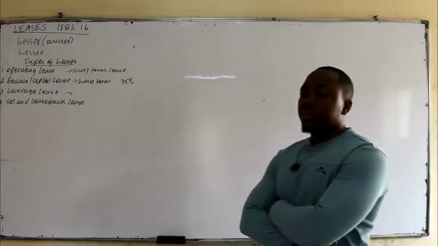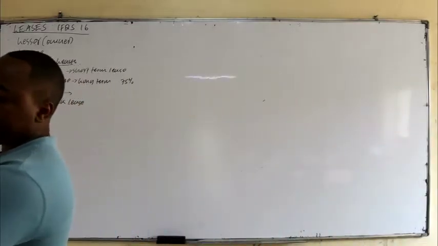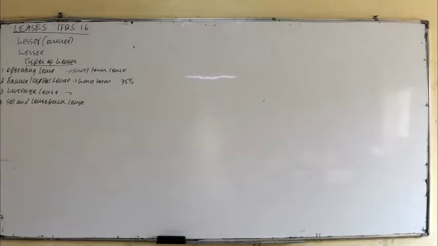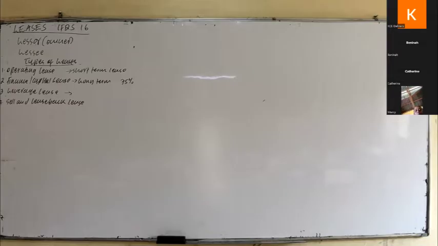These are leases whereby the lessee sells the asset under lease to another party, and then leases it back. Those are the four types of leases.